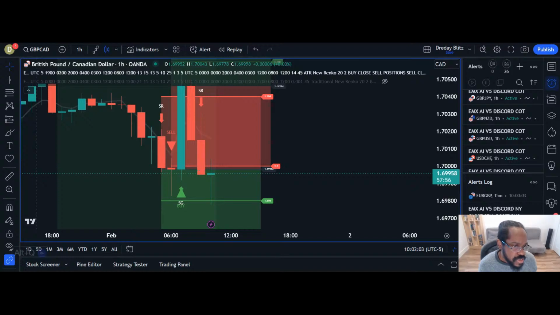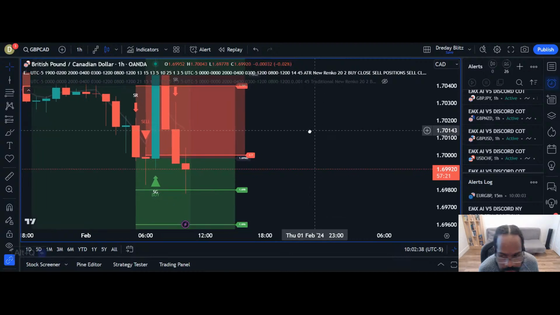The PMI was positive for CAD at 9:30, so that's why it's starting to go down right now on GBP CAD, because CAD is stronger right now. So let's see. I'm looking at the PMI for the US. It just came in, so that's positive, positive. So everything's good. Yep, everything is positive on the US.